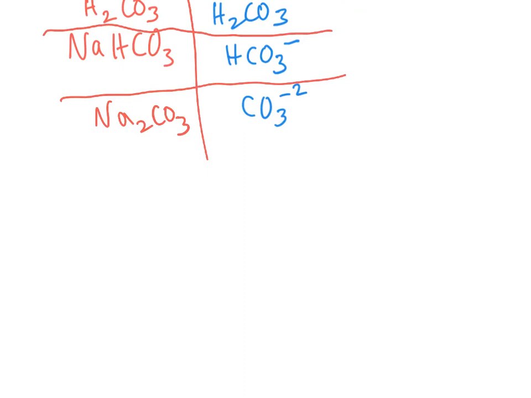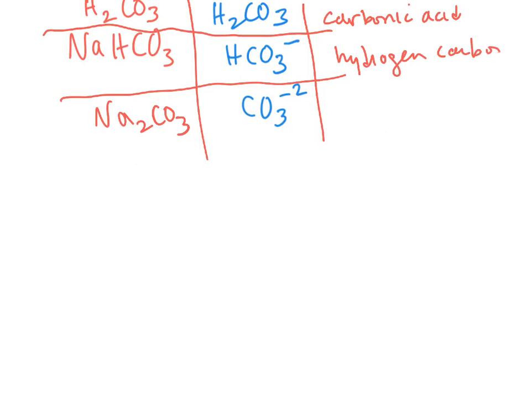And the names on the right here are carbonic acid, hydrogen carbonate, and carbonate. Okay, so hydrogen carbonate could lose a proton or a hydrogen and form carbonate, or it can gain a hydrogen and form carbonic acid. So it could go either way depending on whether it's an acid or base solution.